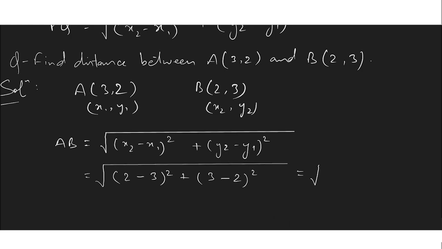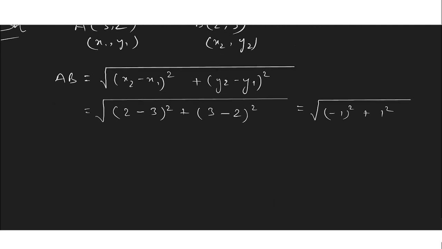Comes out to be 2 minus 3, which is minus 1 square plus 1 square, which comes out to be square root of 2, which is approximately equal to 1.41. This is the length of AB, distance between A and B.